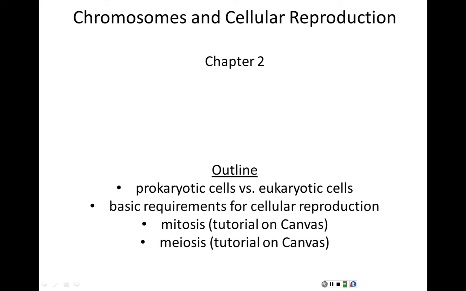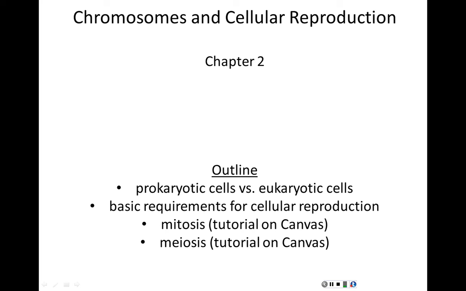We'll talk about mitosis and meiosis in some great detail, and I'd like to draw your attention right now to Khan Academy tutorials that are linked through the Canvas website. If you go to our course website in Canvas and then click on modules, one of the modules will be called Online Resources, and under that module you'll have links to a mitosis tutorial at Khan Academy and a meiosis tutorial.